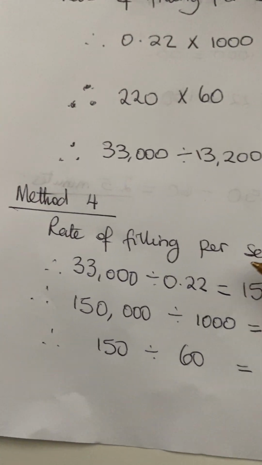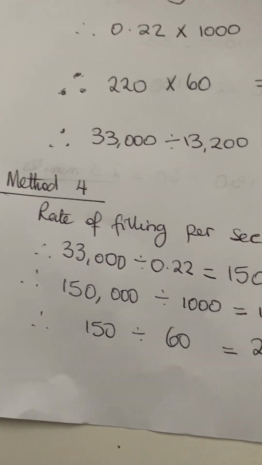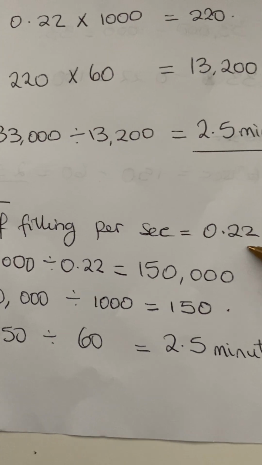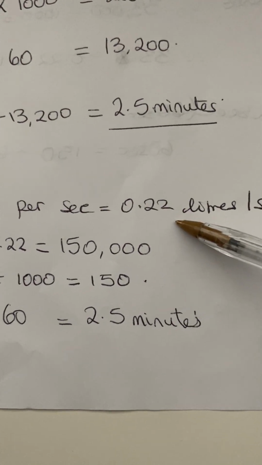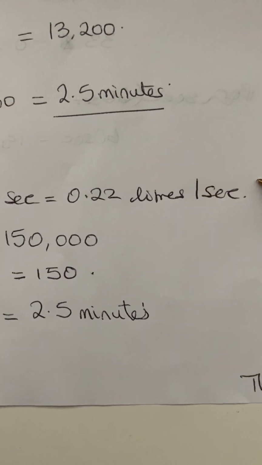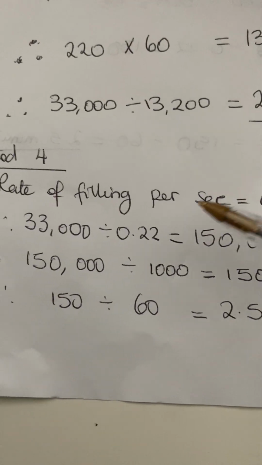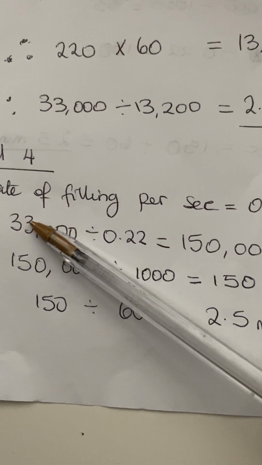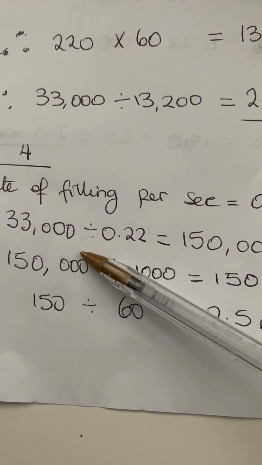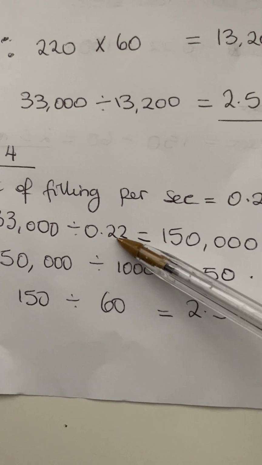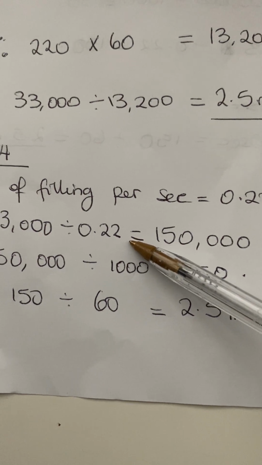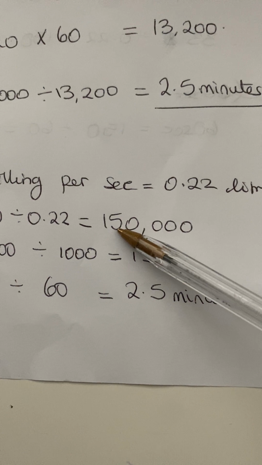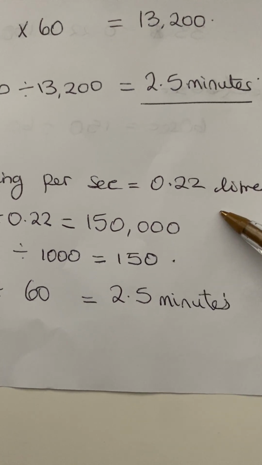Now the last method I can think of: you are still filling at 0.22 liters per second. The tank you are supposed to fill is 33,000. So you divide by 0.22 and you get 150,000.